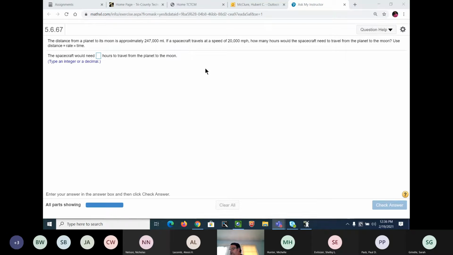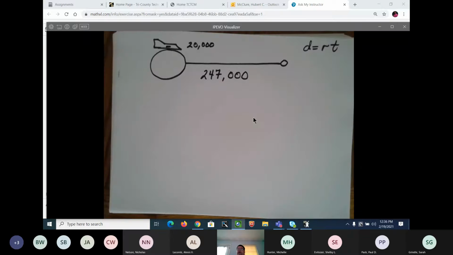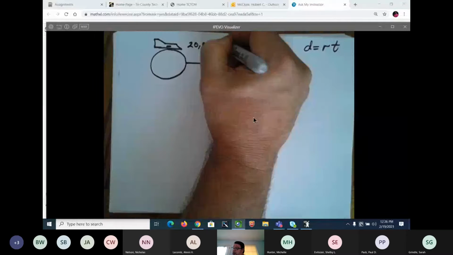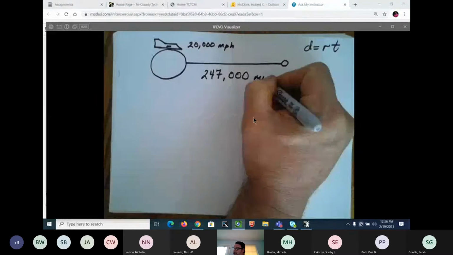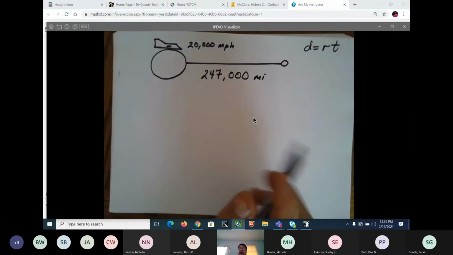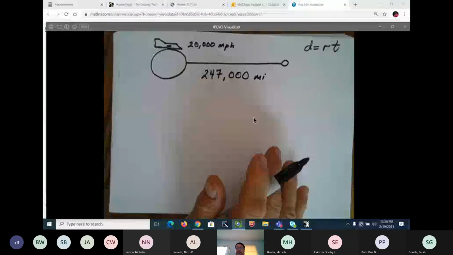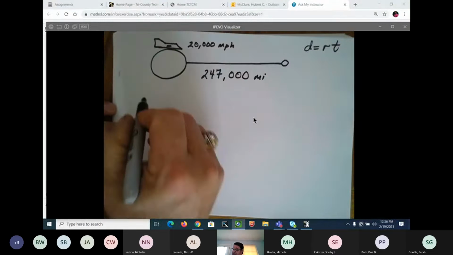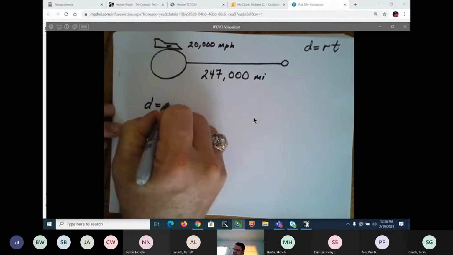And we know that distance equals rate times time. Now, the only thing you need to do here, you can either plug and chug and solve for t, or you can solve for t and plug and chug. I'm going to solve for t, plug and chug. So d is equal to r times t.